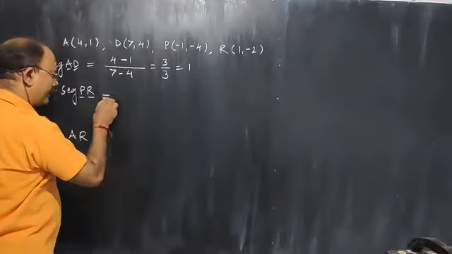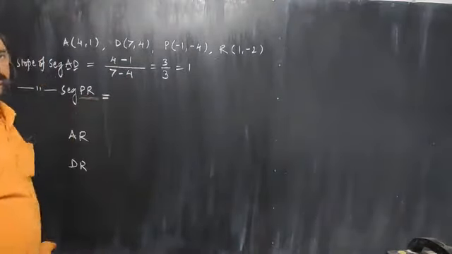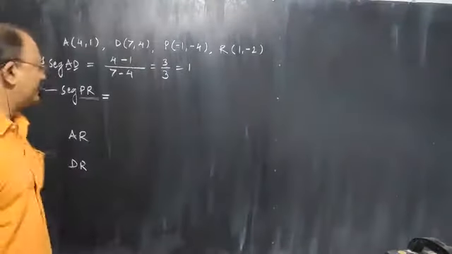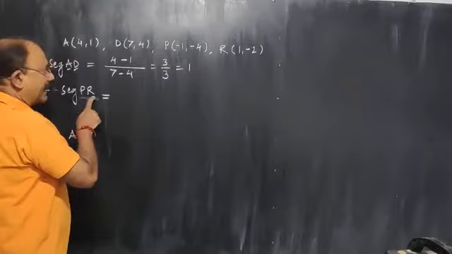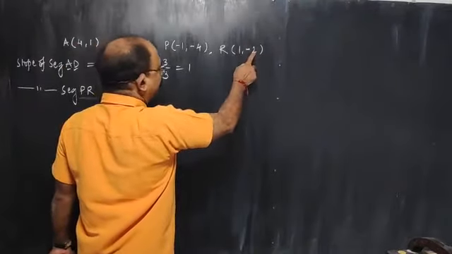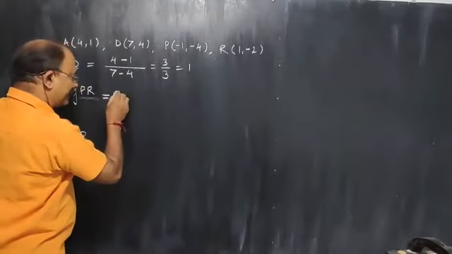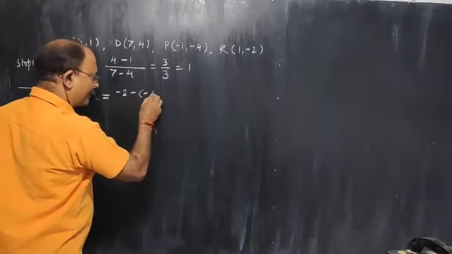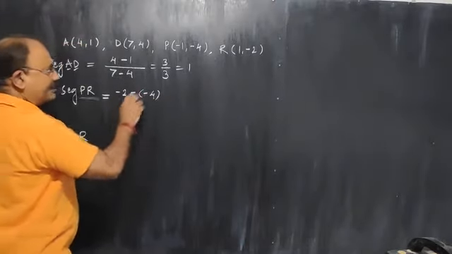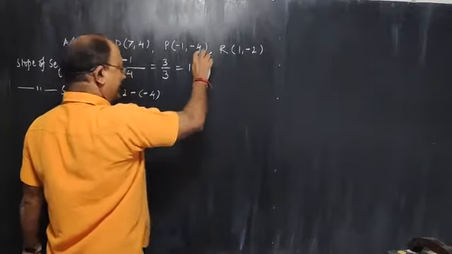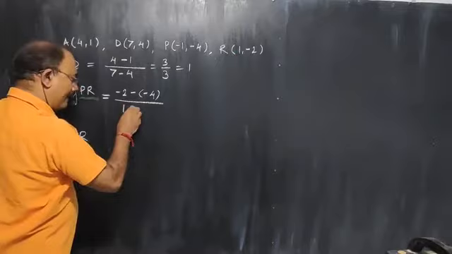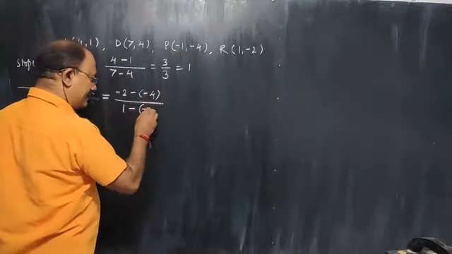Again, the formula for calculation of slope is same. What is the formula? y2 minus y1 upon x2 minus x1. So PR, so this point and this point, y2 minus y1. So I write here minus 2 minus of minus 4, upon x2 minus x1, that is minus 1.